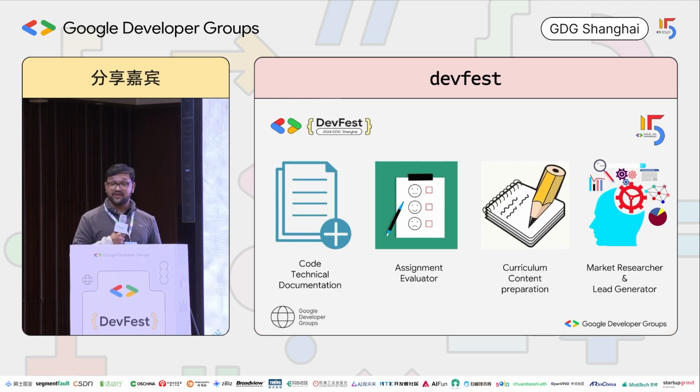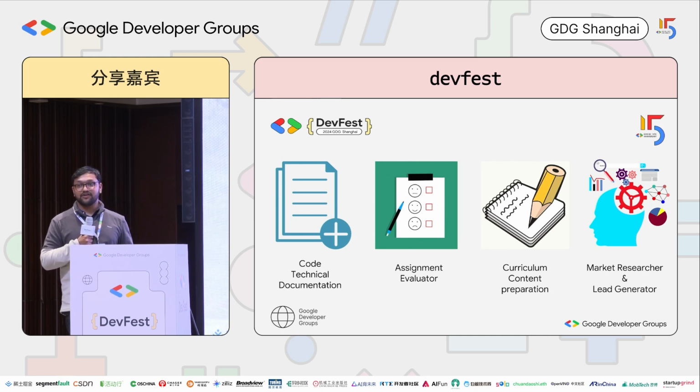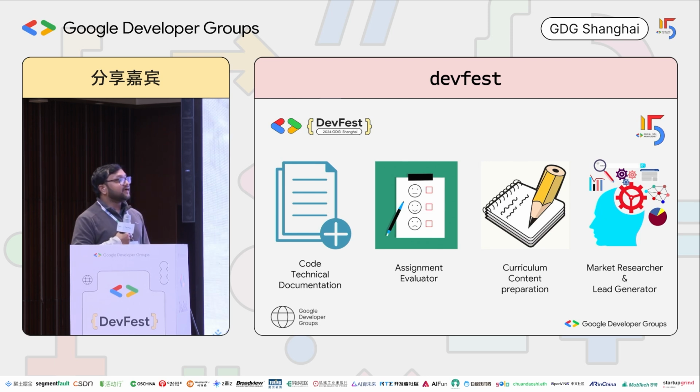I know documentation is a painful task to do even at the start and at the end as a developer. And assignment evaluator is something I've tried as well to evaluate all the applications which we are getting for our company and all. And curriculum content preparation is one, and market researcher is another thing which we have utilized.